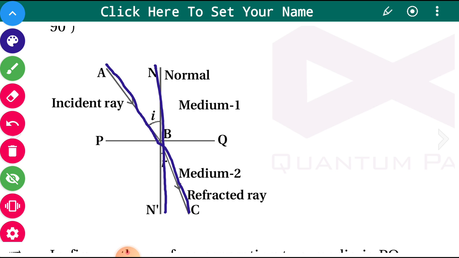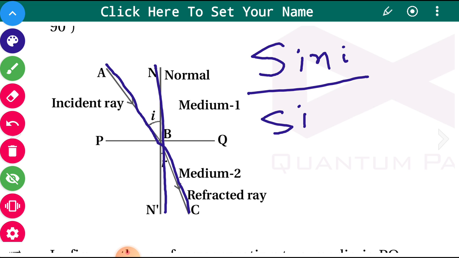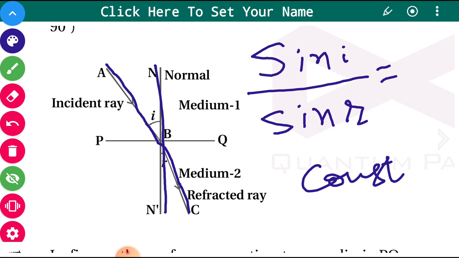Then the ratio of the sine of the angle of incidence to the sine of the angle of refraction is found to be constant. This ratio is found to be constant, that is, the ratio of sine of angle of incidence to sine of angle of refraction is constant.